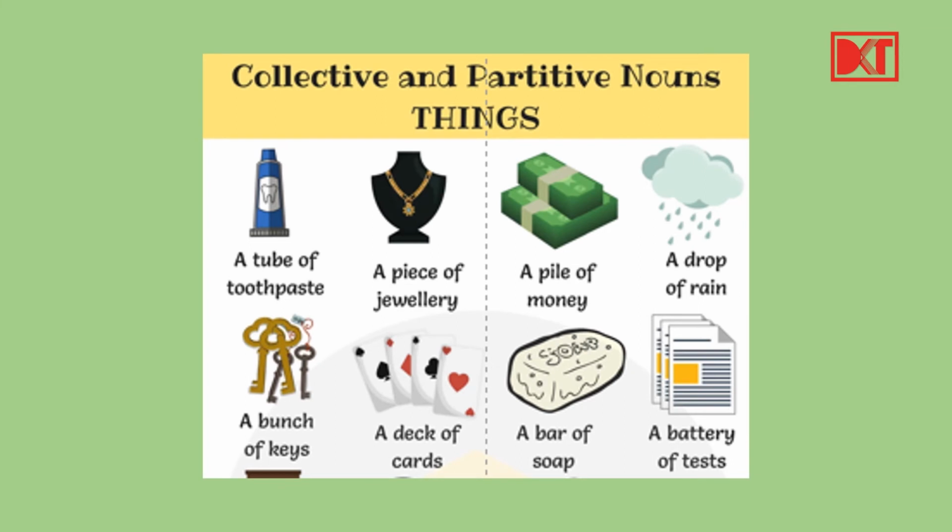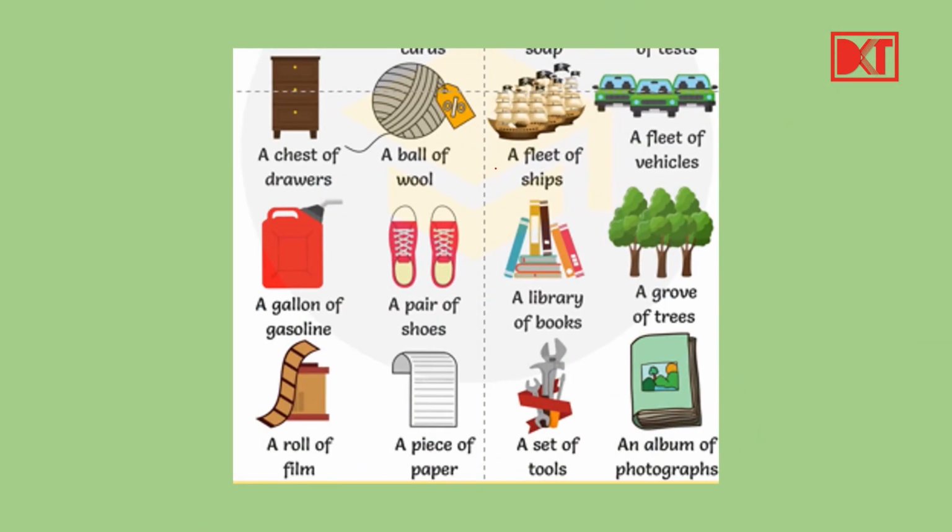Another one we have is for things like a pile of money, a deck of cards, a bunch of keys, and a fleet of ships, fleet of vehicles, chest of drawers, pair of shoes, library of books, roll of film, set of tools, album of photographs.